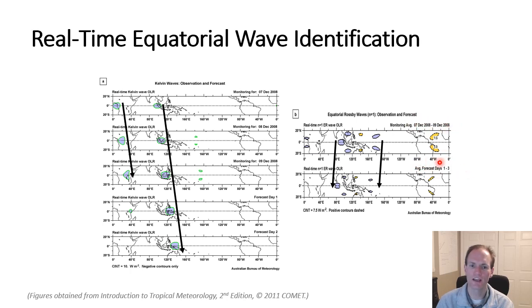And this is a 3-day forecast average. And we see that these features, enhanced, suppressed, and enhanced thunderstorm activity, move slowly to the west. And thus these black arrows slant down and to the left on this diagram over time, matching our expectations from the earlier analysis and theoretical information.